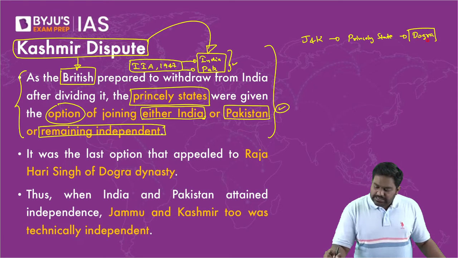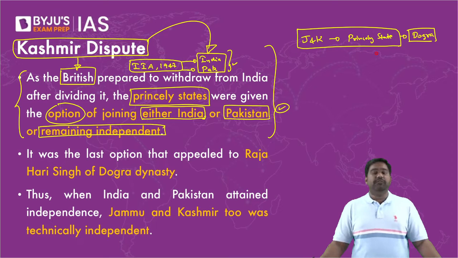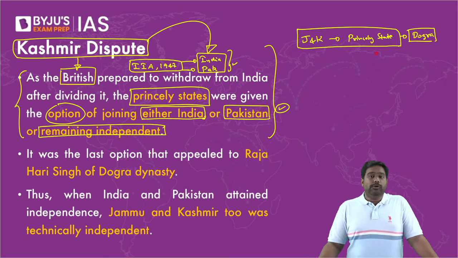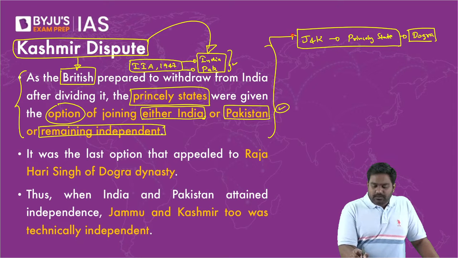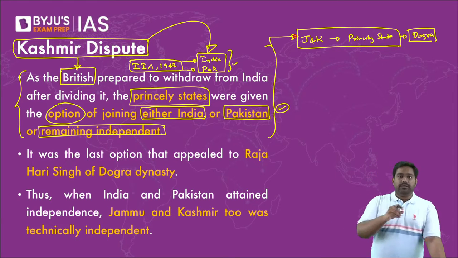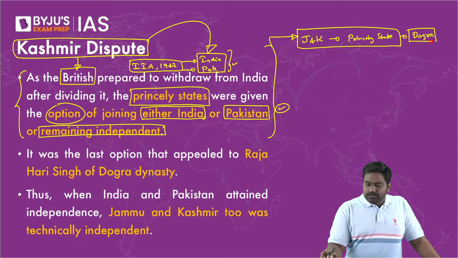The Dogra dynasty was in power. They had purchased Jammu and Kashmir from the British, following the Anglo-Afghan wars and the settlement between the British and the Afghan warlords, right? Part of Jammu and Kashmir was under British control. They had sold it to the Dogras. So it was a Dogra princely state.